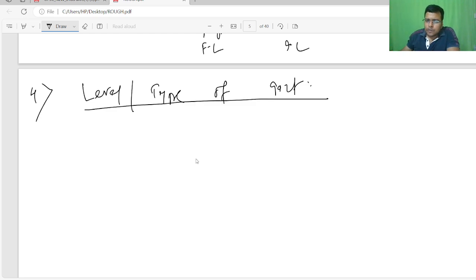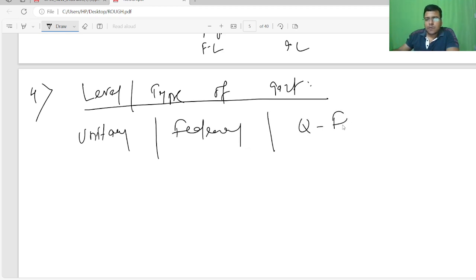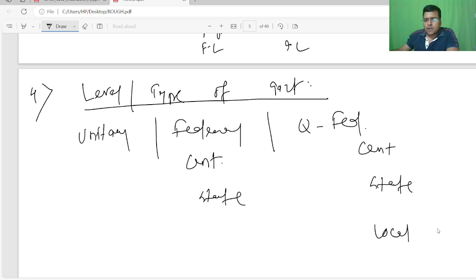Level or type of government. For example, is it a unitary state? Is it a federal state? Or is it a quasi-federal state like India? So in a federal state, we have center and state. In India, we have center, state, local authority, PRI.